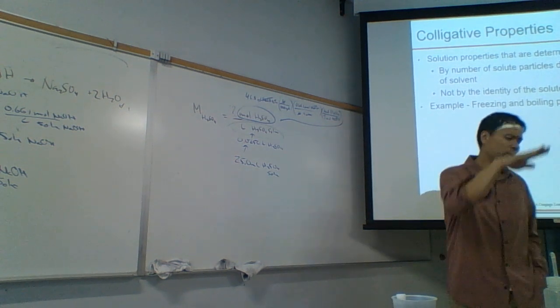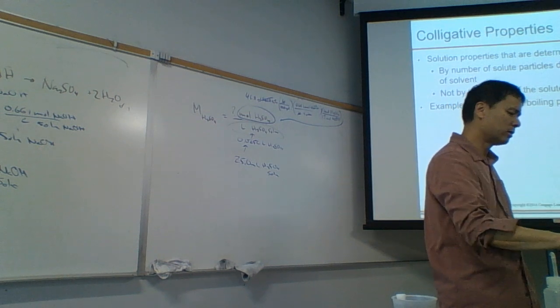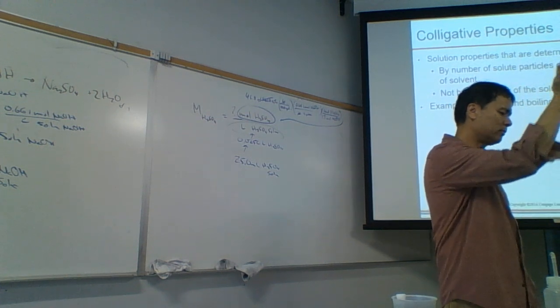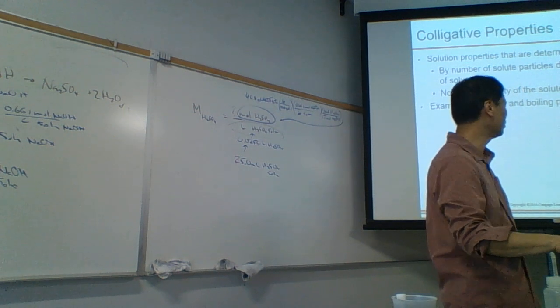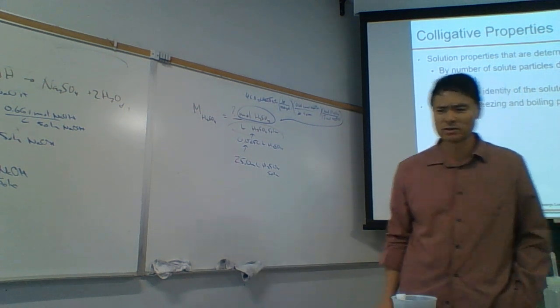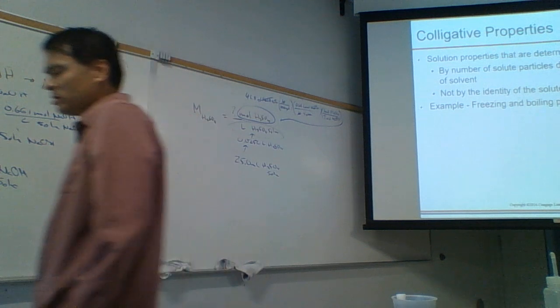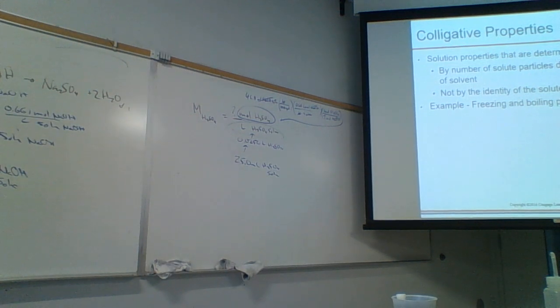Boiling point is elevated, which means it goes higher. The boiling point of water is 100 degrees C, but the boiling point of solutions is greater than 100 degrees C. So salt water boils at temperatures above 100 degrees C and freezes at temperatures below 0 degrees C, just because it has salt particles dissolved in the water.